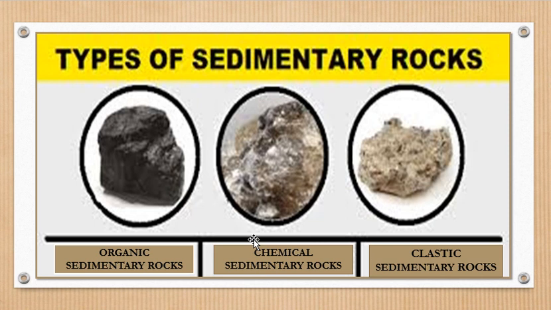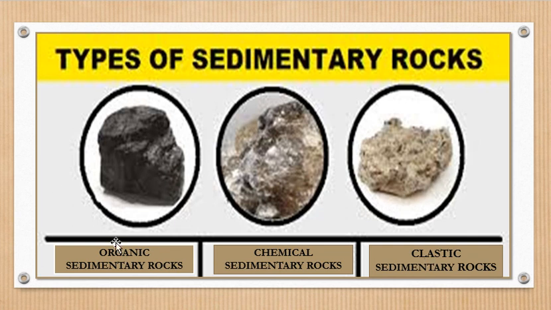Now, chemical sedimentary rocks are formed by the hardening of chemical precipitates. Those chemical precipitates or particles are compacted or glued together, they will be cemented, and they can form what we call chemical sedimentary rocks. Now, if the particles or sediments come from non-organic sources, not from living things, that is what we call clastic sedimentary rocks.